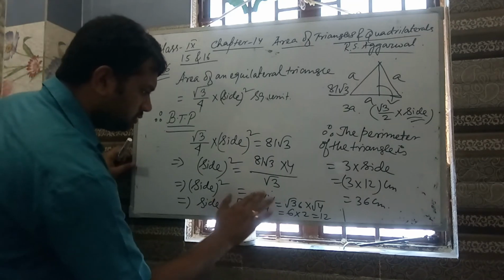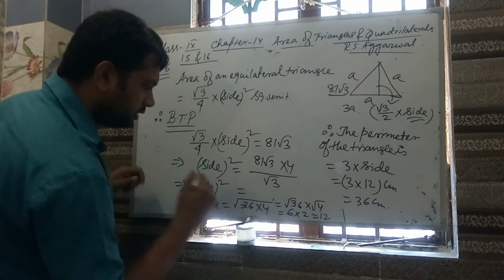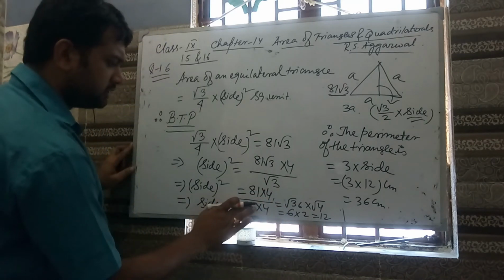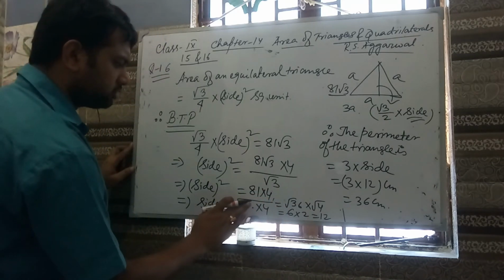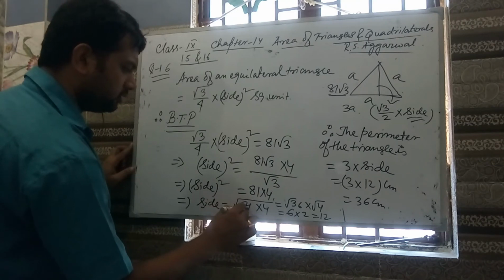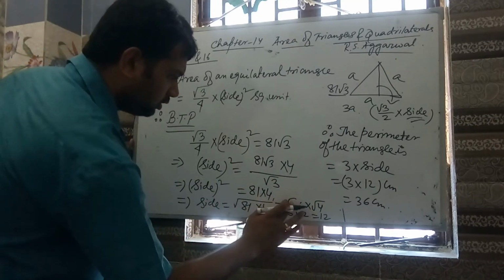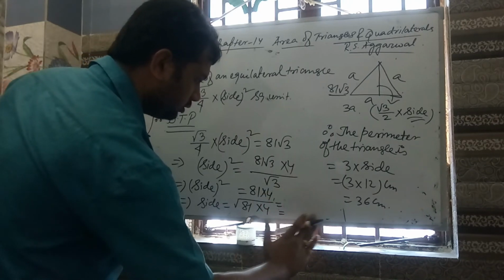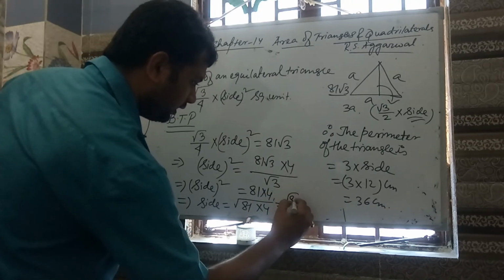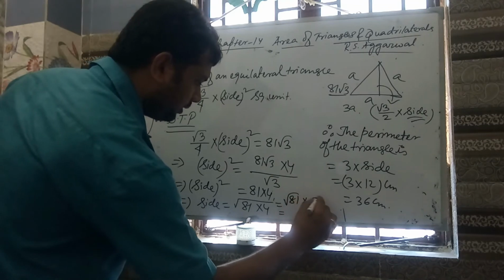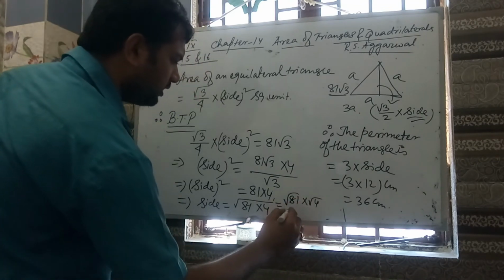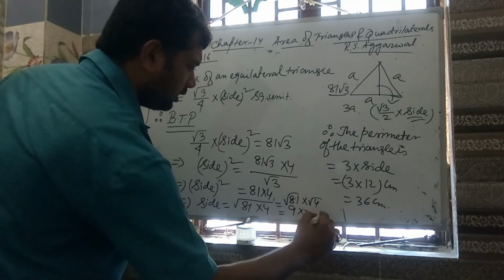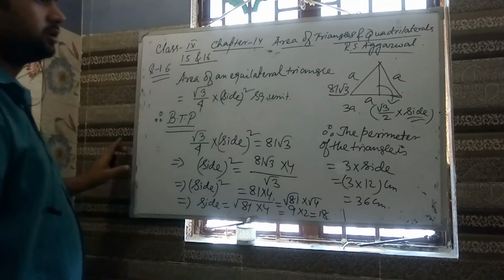So here we will have 81 into 4. Change this 36, it will also be 81. So it will be root over 81 into root over 4. Root 81 is 9. Root 4 is 2. That is 18.